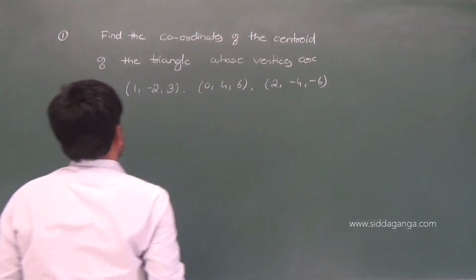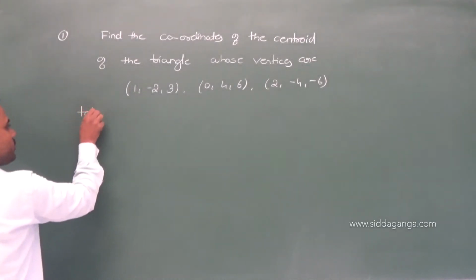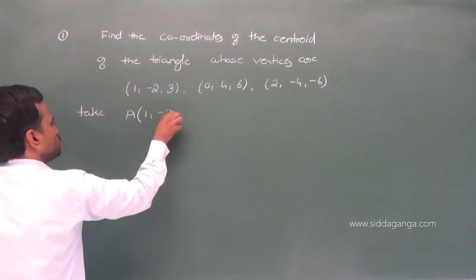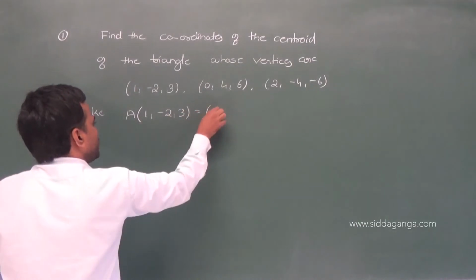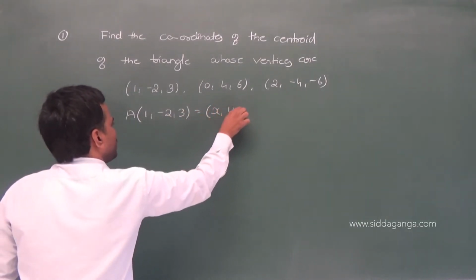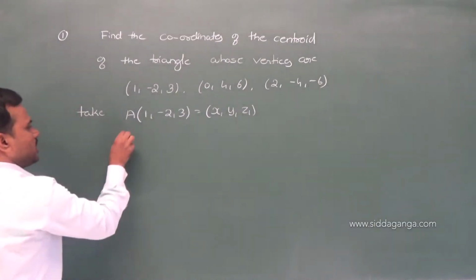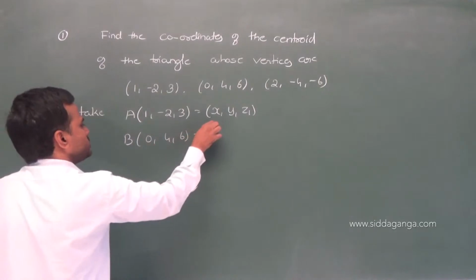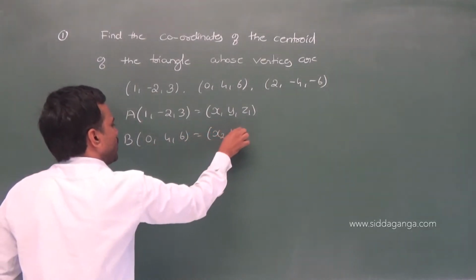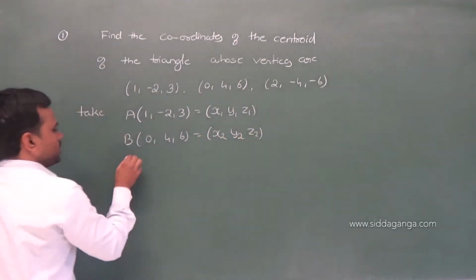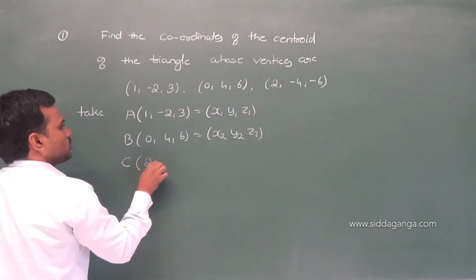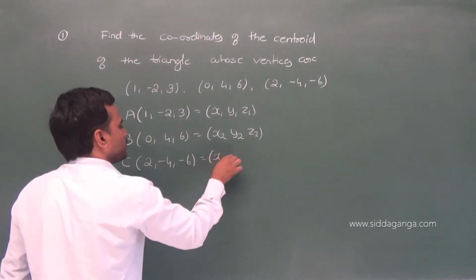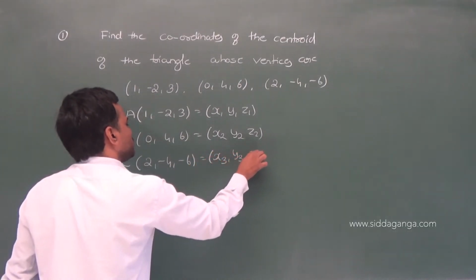He has given the vertices. Take A(1, minus 2, 3) as x1 y1 z1. B(0, 4, 6) is x2 y2 z2, and C(2, minus 4, minus 6) is x3 y3 z3.